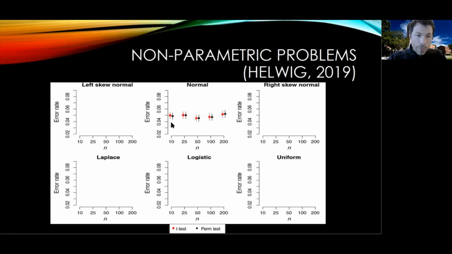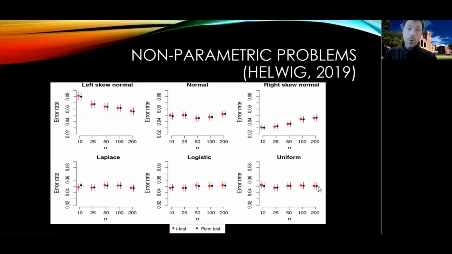And this is true both for the t-test statistic, which is in red, and the permutation approach. And the same is true for the Laplacian, the logistic, and the uniform. So anytime you have a symmetric distribution centered on 0, then you do truly get good control on the error rate. The problem is when you get a skew.